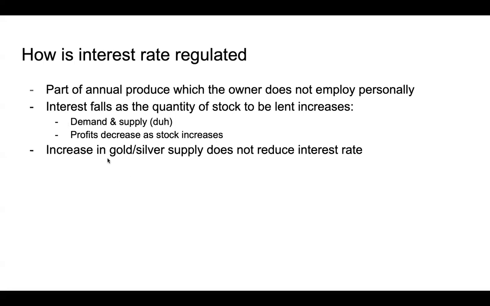And lastly, the increase in gold and silver supply does not reduce interest rate, right? Because keeping everything else the same, the increase in quantity of gold and silver can only reduce the value of gold and silver. The actual amount of capital would not change, and thus profit and interest won't change either.